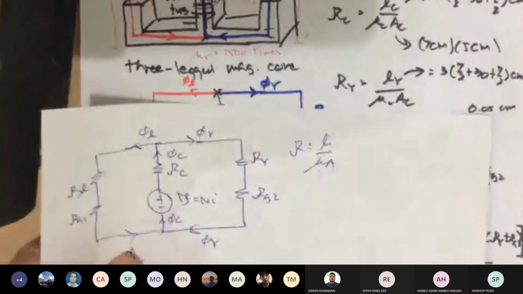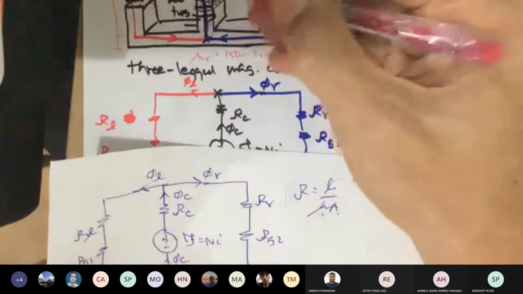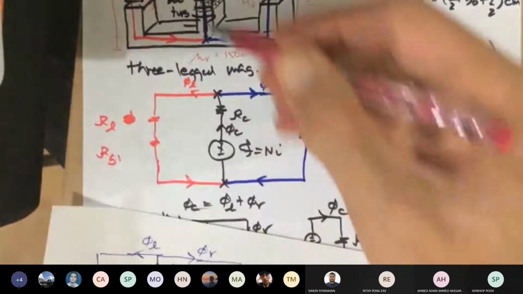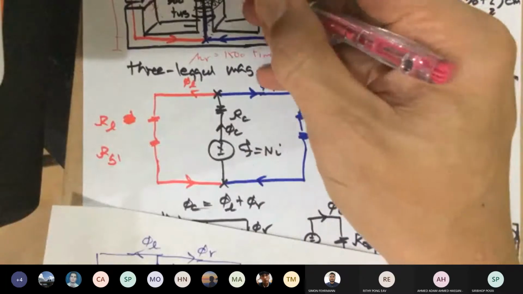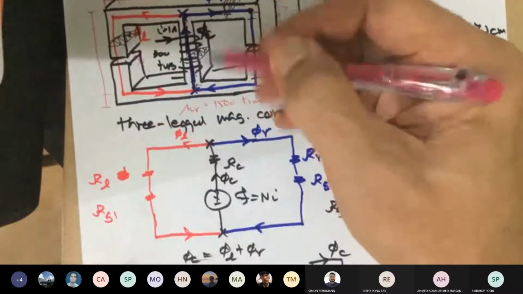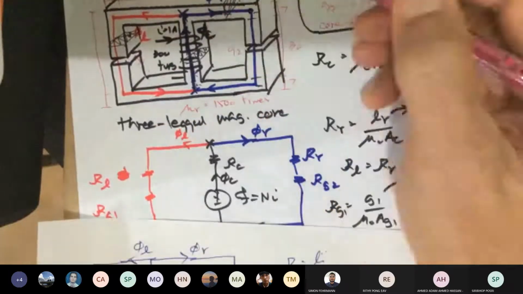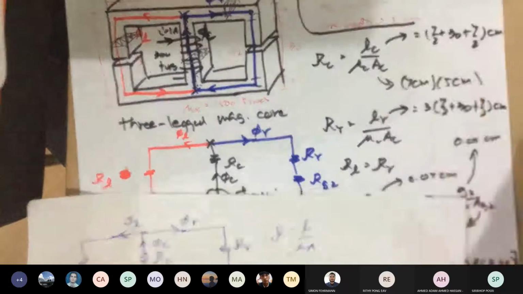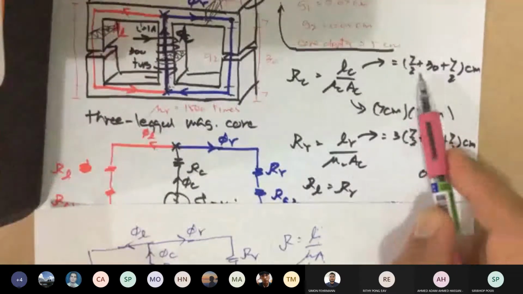So in the center, in the black path here, it flows into the center leg. So you must measure only this length, top to the bottom. That's what phi C is. So that path has the dimensions shown here in the notes.